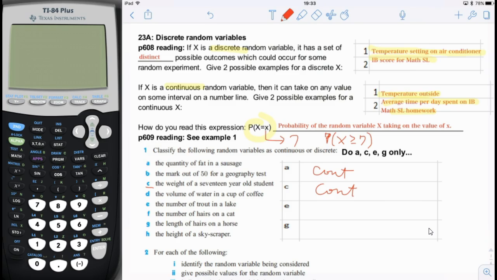Okay. E, the number of trout in the lake. That's going to be a whole number, so that will be discrete. Right? And then G, the length of hairs on a horse. That is also going to be decimal values, so we'll also put discrete.